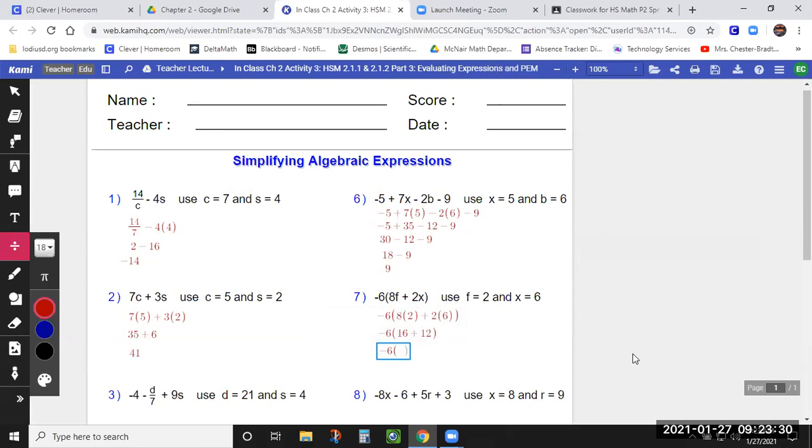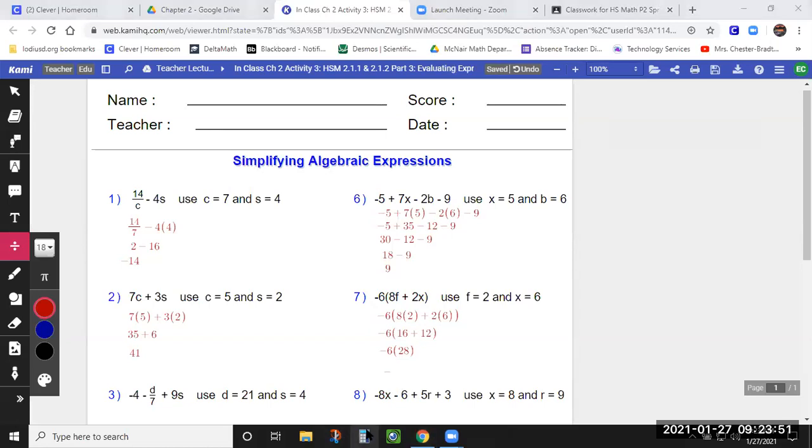If I add them together, what do I get inside my parentheses now? 28. Okay. So now we get to do the last step, which is multiplying -6 times 28. So it's just 6 times 28 and put a negative in front of it.